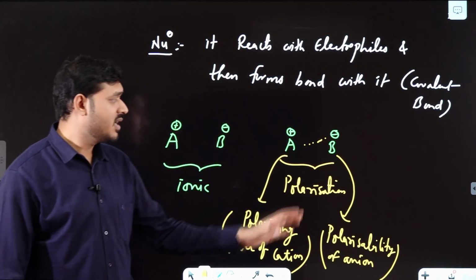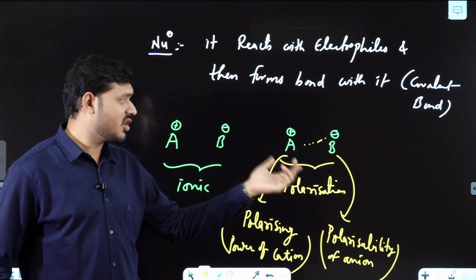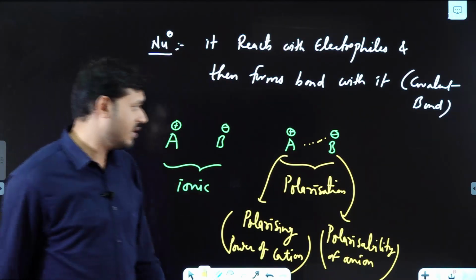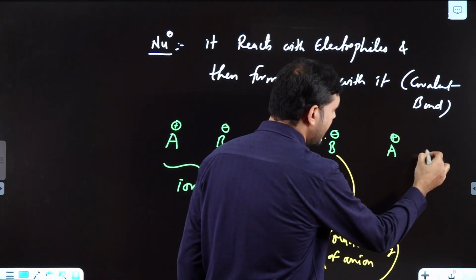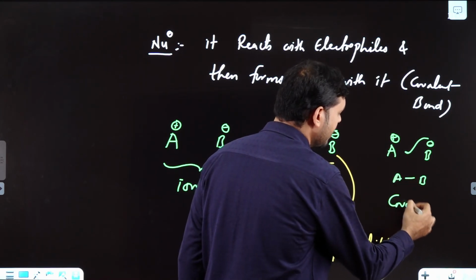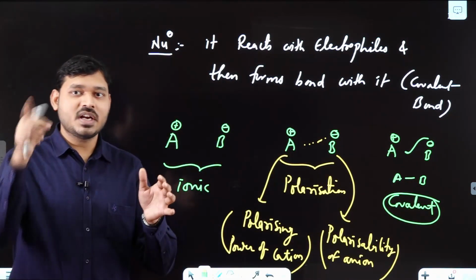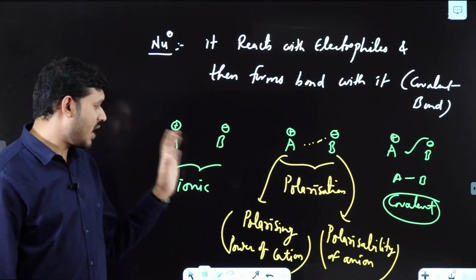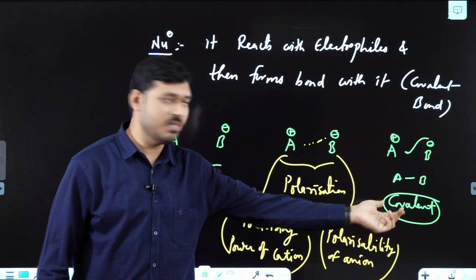Polarizability of anion means the ability of anion to get polarized. Clear? So this is your polarization, and due to this it is not 100% ionic, it is generating some covalent nature. Now if this A plus and this B minus form a bond, it becomes AB, then now it is covalent. When that electron completely comes in between the two, 100% sharing, then it becomes covalent. So ionic towards covalent due to polarization, and if it is completely sharing, then it will be covalent.